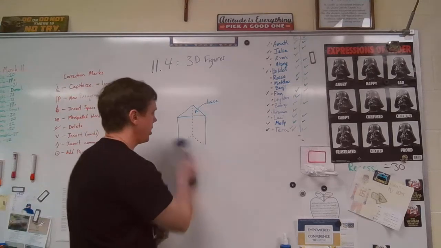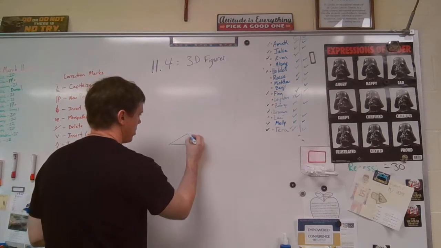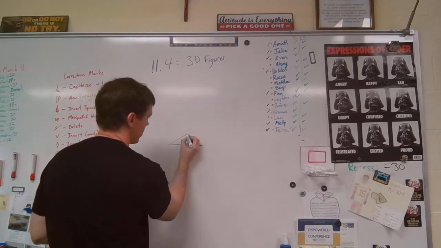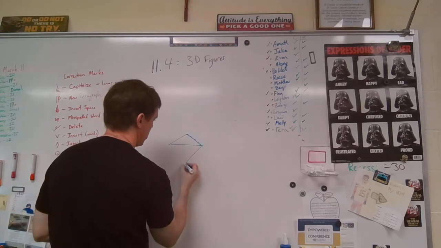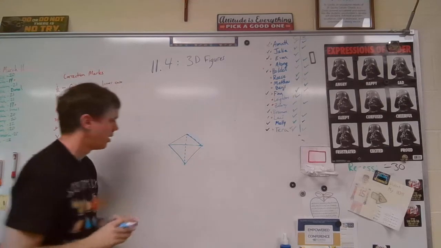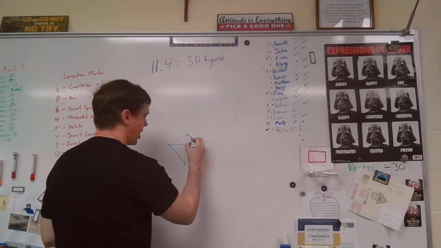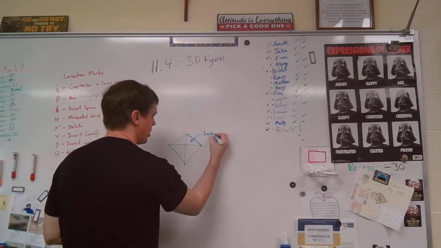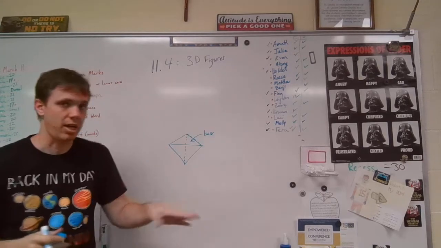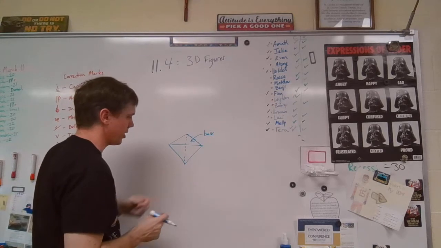Okay, so now here we have a triangle as our base. The base happens to be on top. When you're dealing with this particular shape, which is a pyramid, you can always tell the base because it's the opposite of where everything else meets.